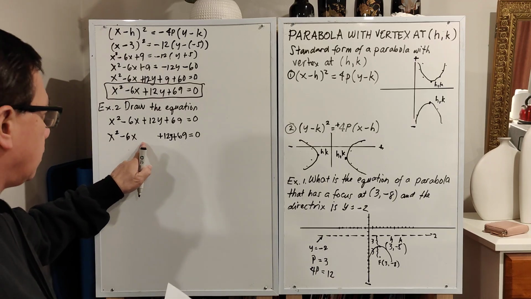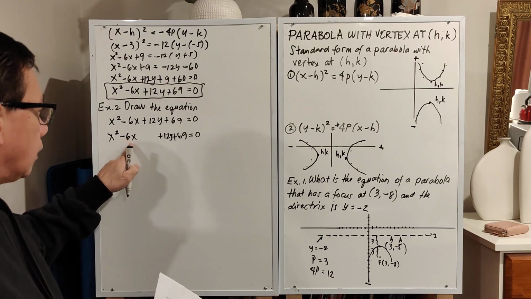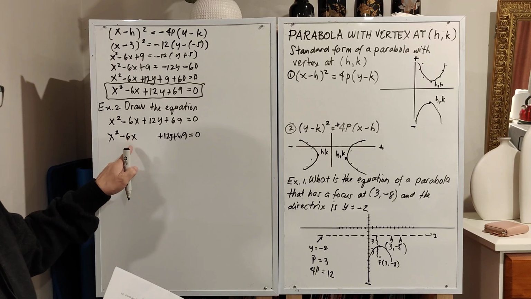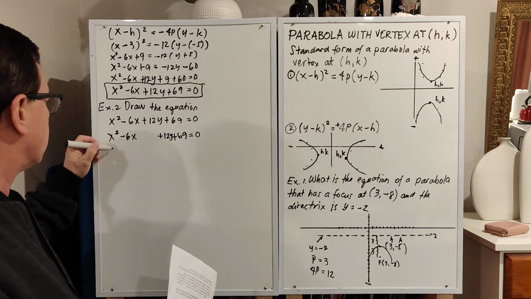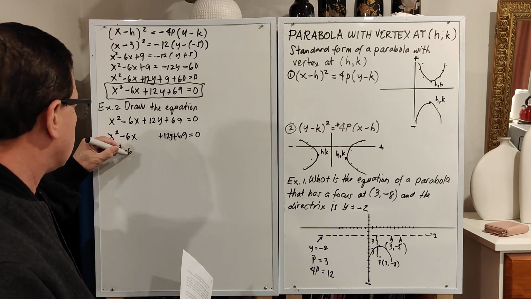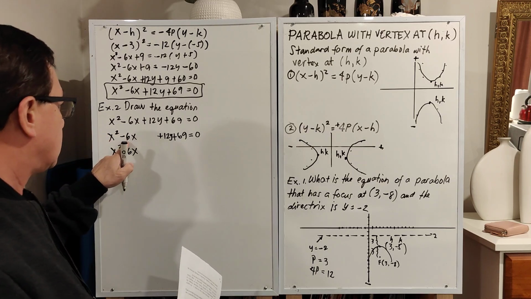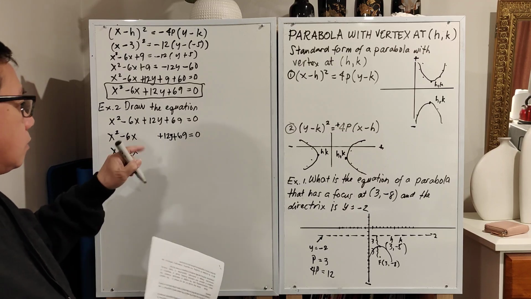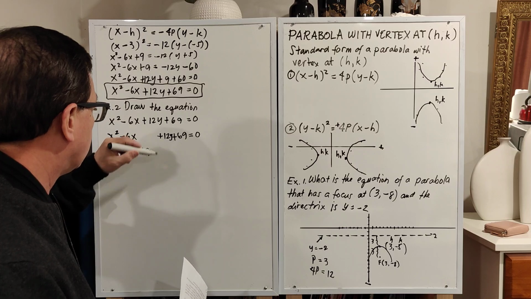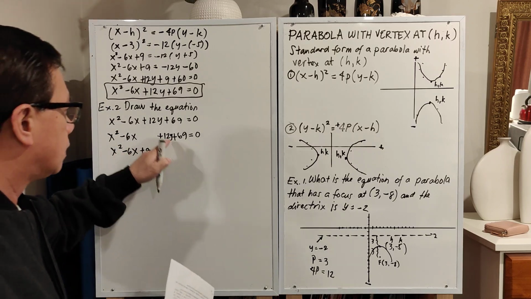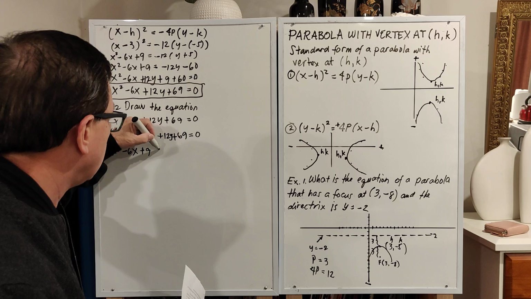So let's think of a number: take the 6, divide it by 2, and square it. This one becomes x squared minus 6x. 6 divided by 2 is 3, squared is 9. So plus 9 to make it a perfect square. We can transpose these two to the other side.